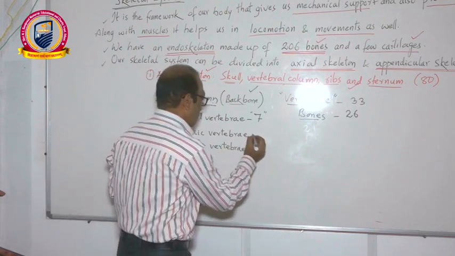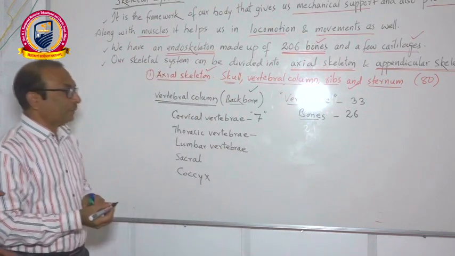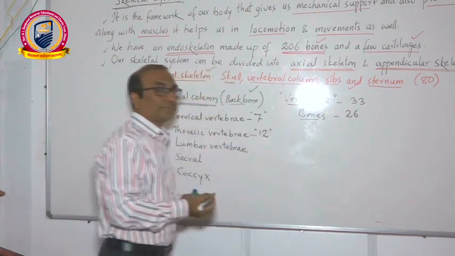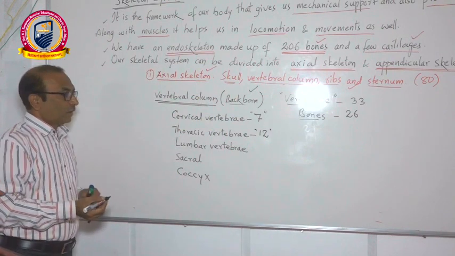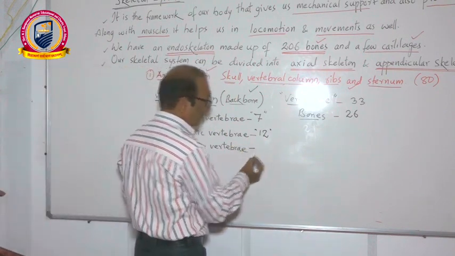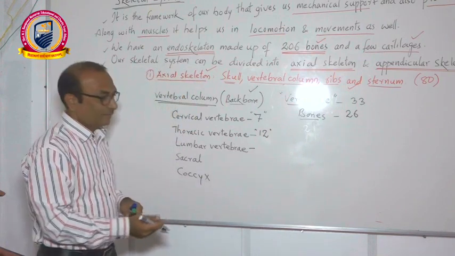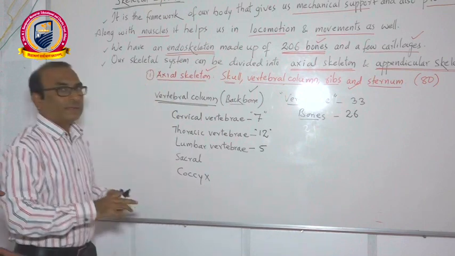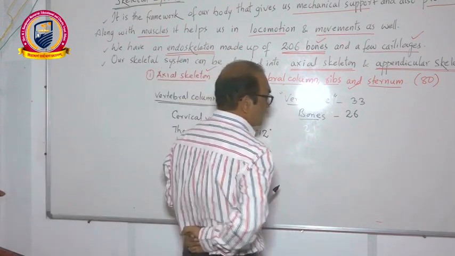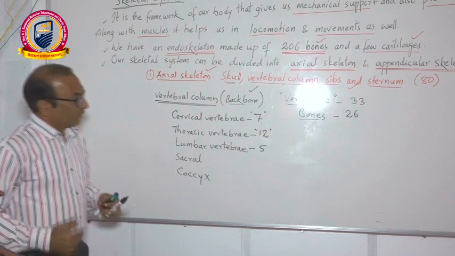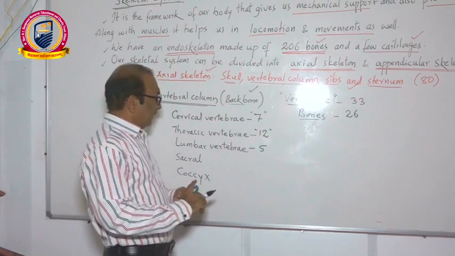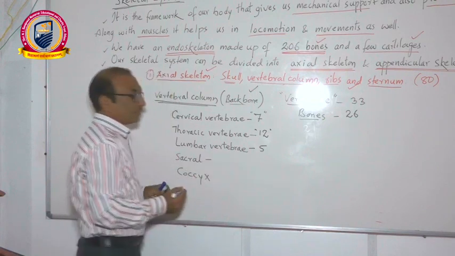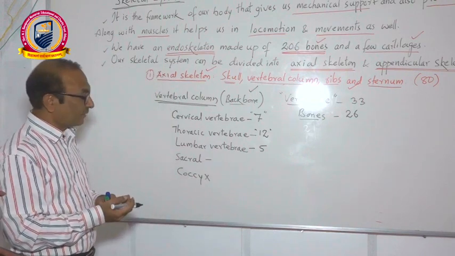Then next, the thoracic vertebrae, there are about 12 thoracic vertebrae, and lumbar vertebrae, that is 12 minus 7, that is 5 lumbar vertebrae. The lumbar region is the back of the abdomen, and then the sacral region below it.